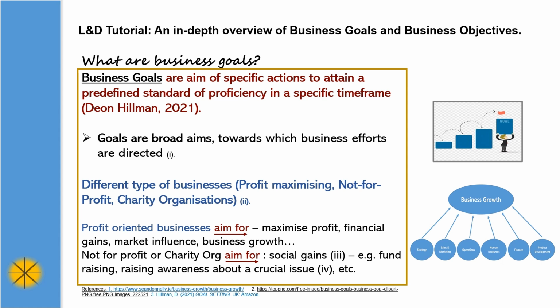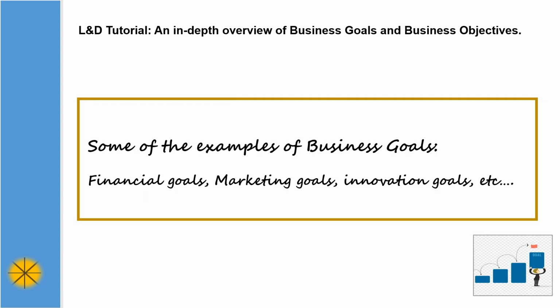And not for profit or charity organizations exist for social gains, and they have social goals such as fundraising, raising awareness about crucial issues, or any other social issues for which the charity organization exists. Some of the examples of business goals are financial goals, marketing goals, innovation goals, sustainable development goals, etc. Let's have a look at some of the examples of business goals in detail.